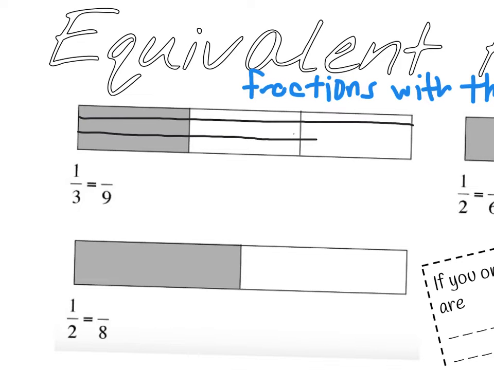If I make this second cut, I now have 9 pieces that are all about the same size. They could be better if I had drawn my lines more accurately. So that 3 pieces became 9, but that one shaded piece was now cut into 3 pieces. So 1/3 is the same as having 3/9.